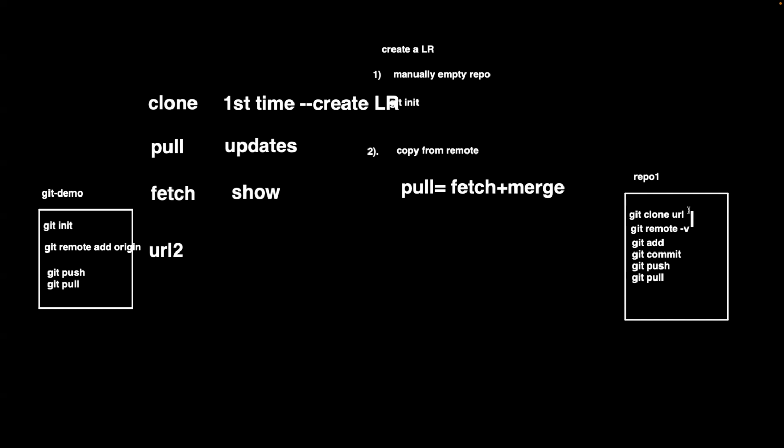This is URL 1. It's connected to another repo. These are two different local repositories on your system. Understood? Any more queries?